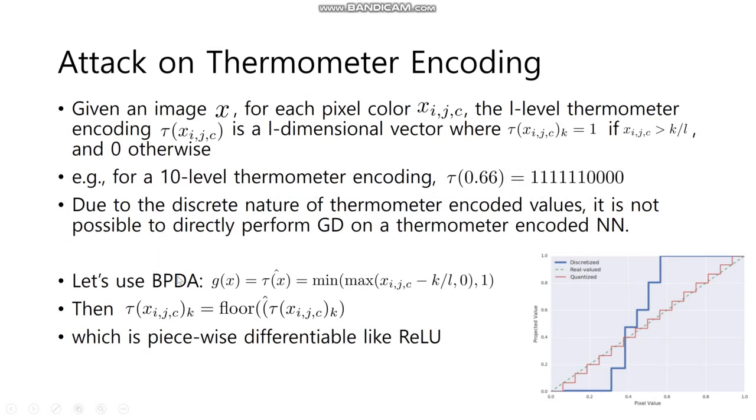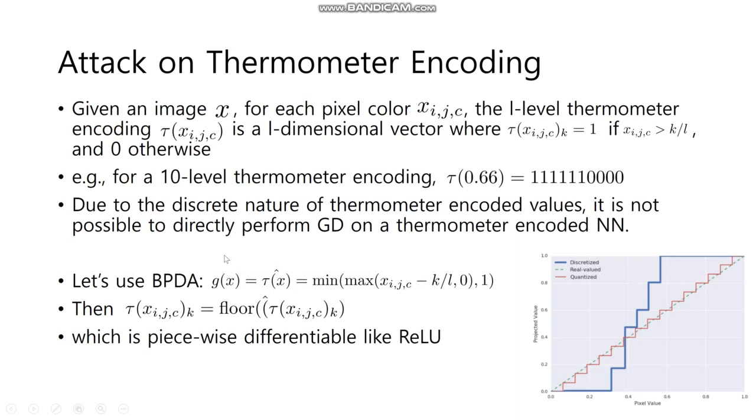But what BPDA does is first find a function g which can replace the thermometer encoding in a differentiable manner. It's hard to find this kind of function, but anyway, they found this.